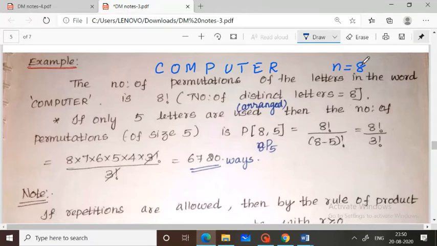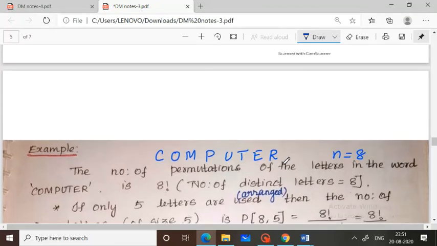That means, how can I write this? The first position can be filled in how many ways? Listen here, I'll write the answer here. So 8 positions are here.